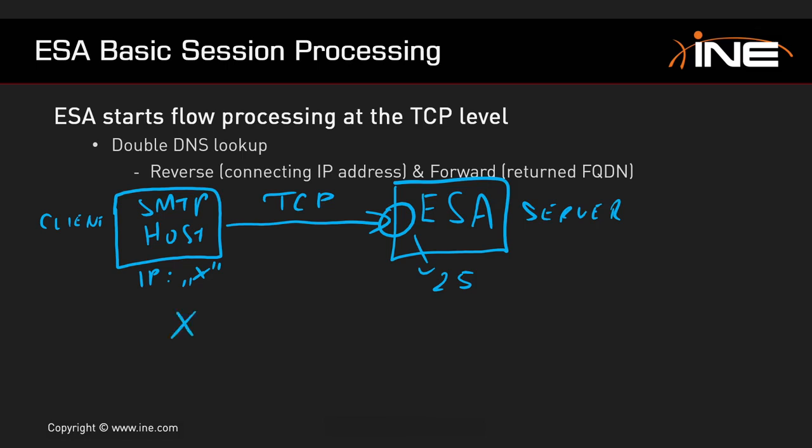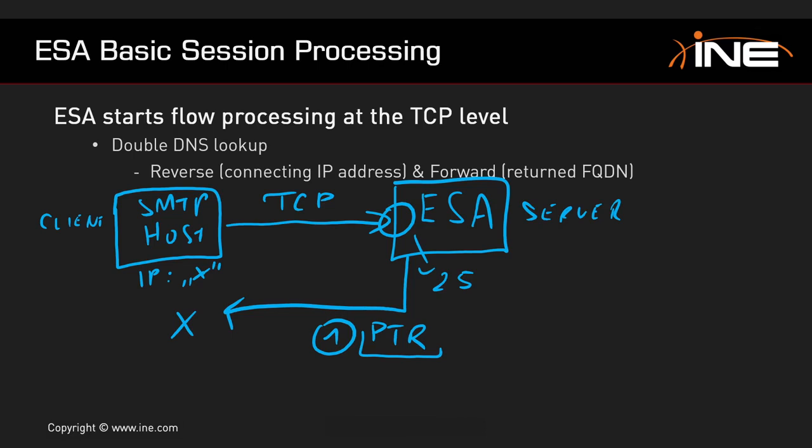And now what ESA is going to do in the first step is perform a reverse lookup, trying to figure out what's the name associated with the connecting IP address. So this is going to be the pointer record that we will try to retrieve using this lookup, which is supposed to give us the FQDN of the connecting SMTP host.